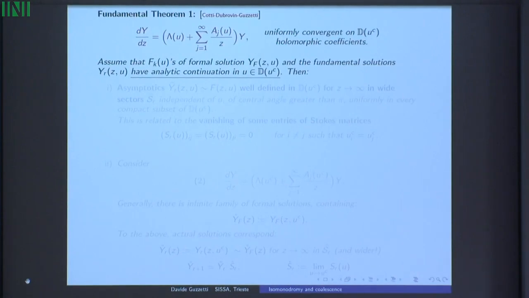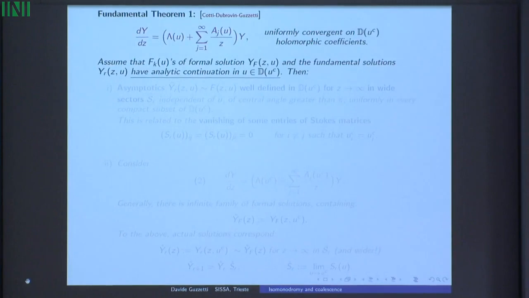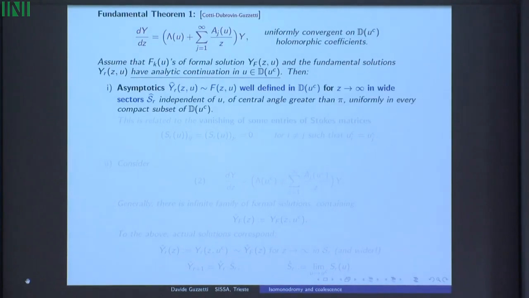So if you assume, which is actually the case in the isomonodromic case, that all the F_k of the formal solution are holomorphic in the polydisk, and if you assume that the solution with asymptotic representation has an analytic continuation in the whole polydisk, then even if the system is not isomonodromic, so there is no Pfaffian system behind, you can prove the following.